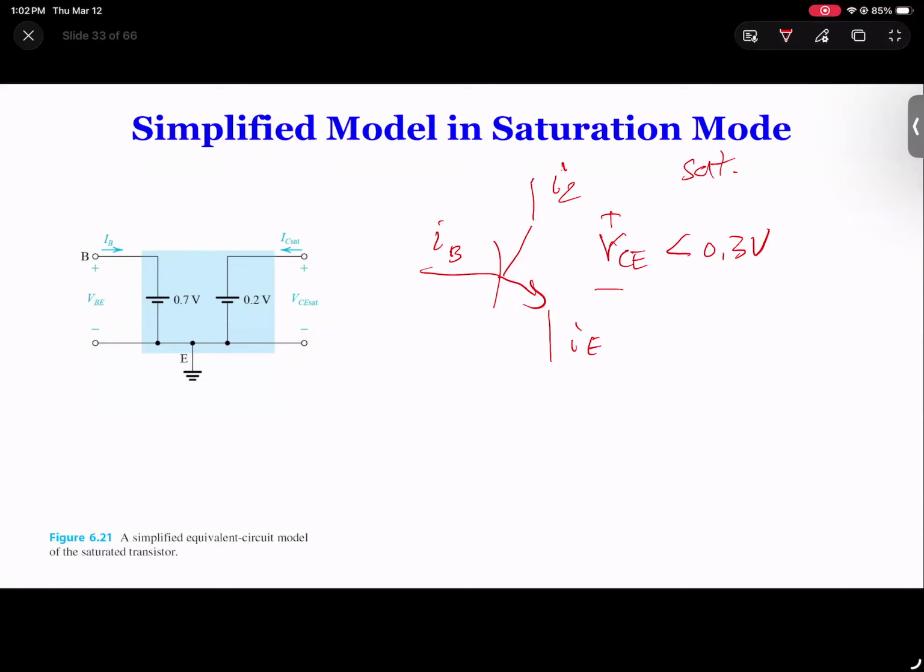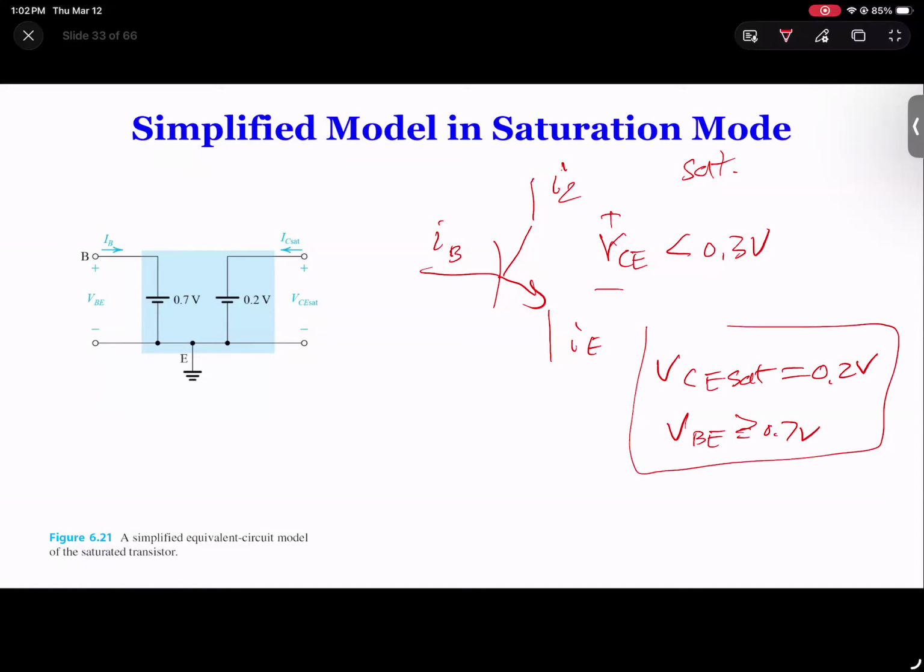But if it is less than 0.3, we typically think it's in saturation mode. How low can it go in saturation mode? We think typically it won't go too low, but 0.2 is about average. So we fix VCE saturation to 0.2 volts, but this happens when VBE is larger than or equal to 0.7.